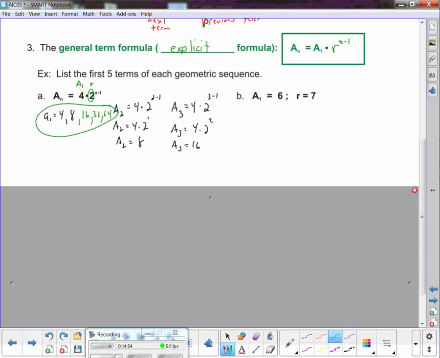So here's if you want to do it the math way, and using the r equals 2, I just multiply the previous term by r, and I'll do it the intuitive way, which most would prefer.